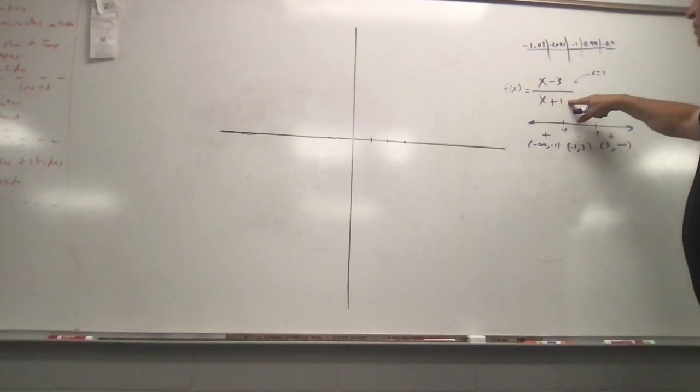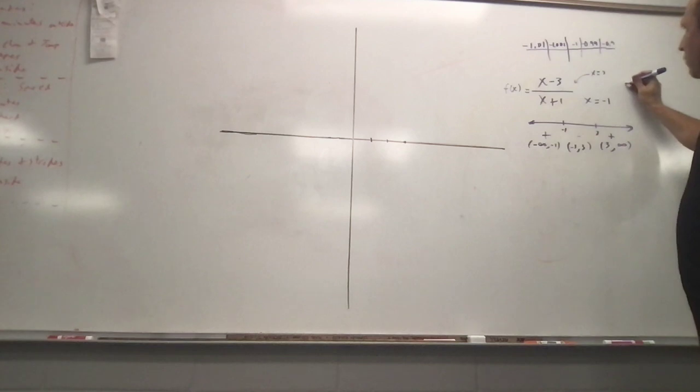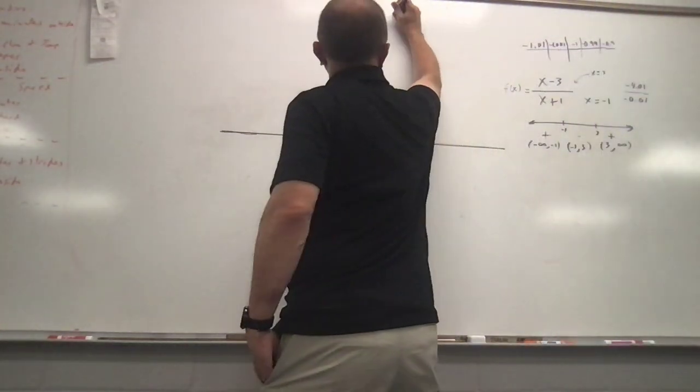So we end up having the arithmetic of negative 4.01 over negative 0.01, which gives me a number around 400. Negative over negative is positive. So we're talking about a very high number right here.